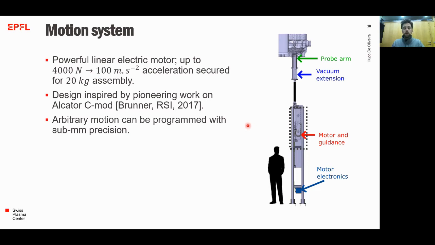The use of linear electric motor was inspired by the recent work of the team from Alcator C-Mod, where they successfully used a servo motor. And actually, the big advantage of those servo motors over pneumatic system is less auxiliary system, a better precision. We can program arbitrary motion, and they are quite reliable and need less maintenance.